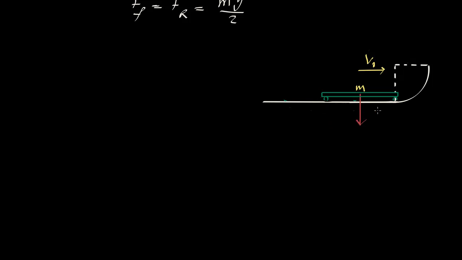So this is mg. We're going to have this force, f of f, and also this force, f of r. So this is mg, this is f of f, and this is f of r.